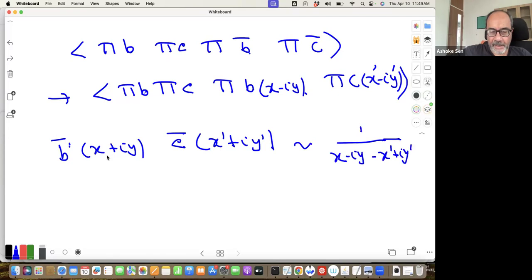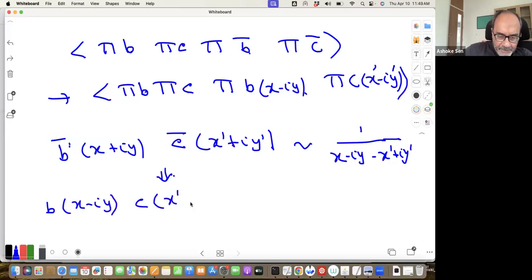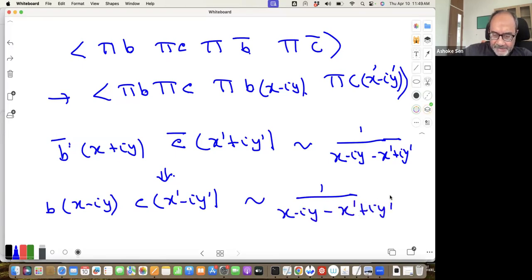Okay, because B bar of z, C bar of w has a 1 over z bar minus w bar. So that's what I have written here. But this is being replaced by B of x minus iy and C of x prime minus iy prime, which gives you 1 over x minus iy minus x prime plus iy prime. So it's exactly the same singularity.